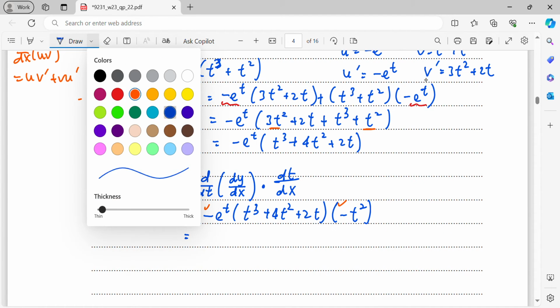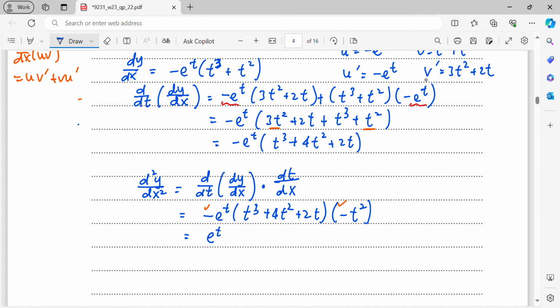So here I will get e^t, take out the t squared, and for the whole bracket, you can factorize t. t is in common. Therefore, take out the t, then you get t squared plus 4t plus 2. And now the t squared and t can be combined to be t cubed. So my simplest form is t cubed times e^t together with the quadratic function. So this is my second derivative.